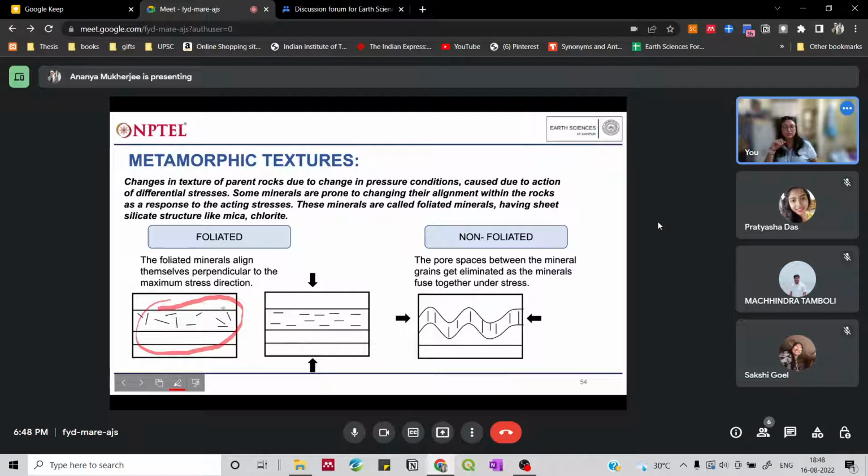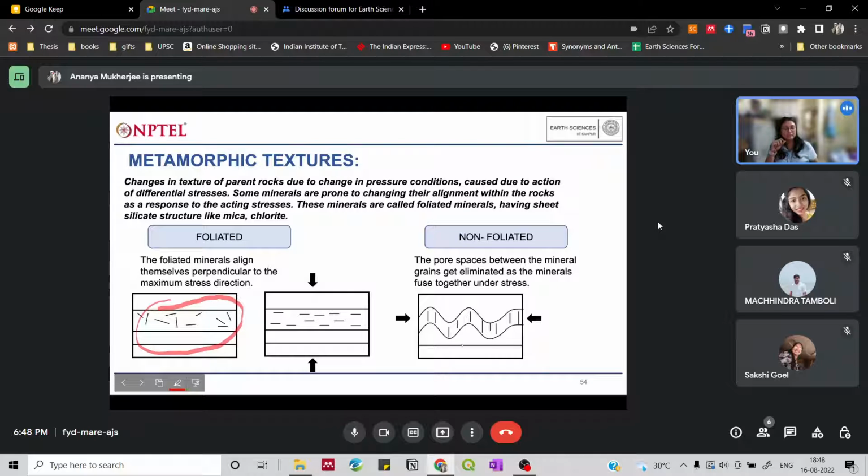Suppose the entire rock formation here is undergoing vertical compression, and the horizontal compression is low. It's not absent, but it's low. These foliated minerals have a tendency to align themselves perpendicular to the maximum stress direction. Since we have vertical compression, the foliated minerals will take horizontal alignment.